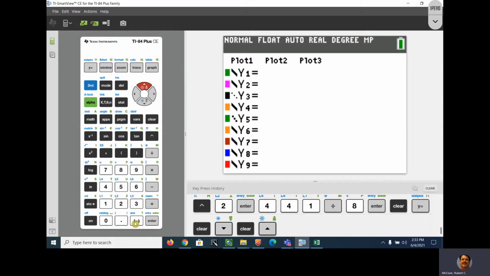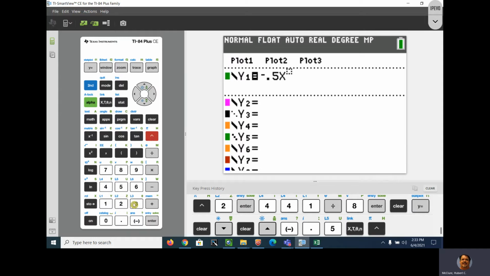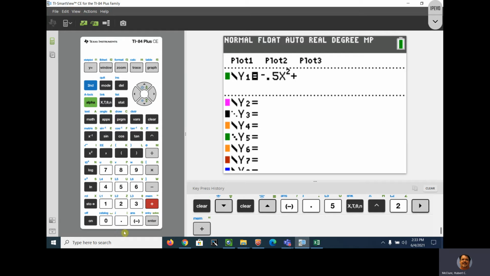Negative 0.5 x squared plus 0.85x plus 3.7.